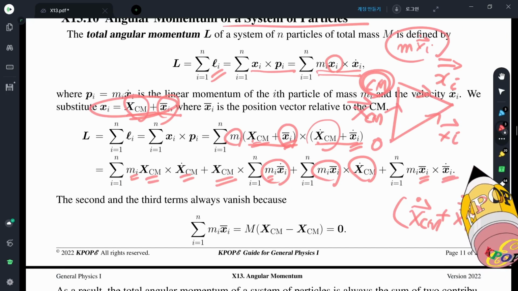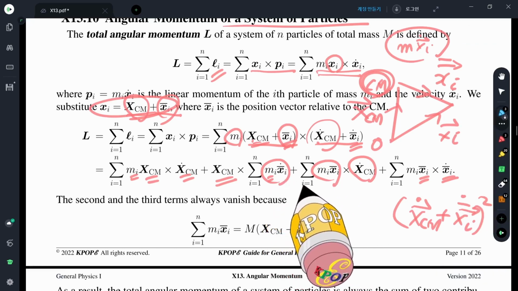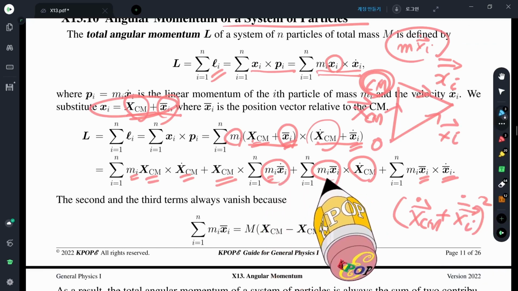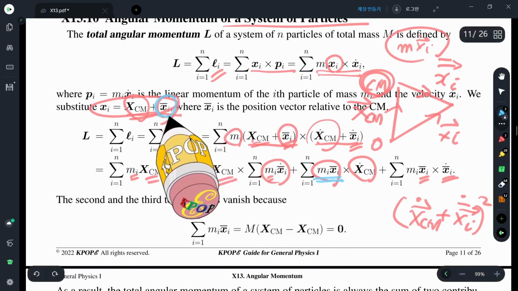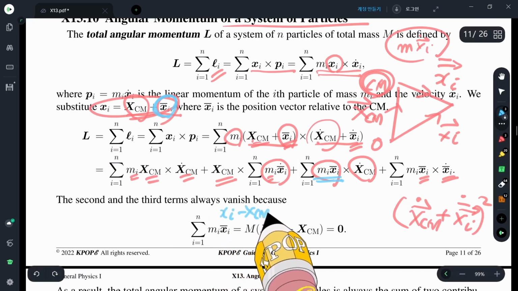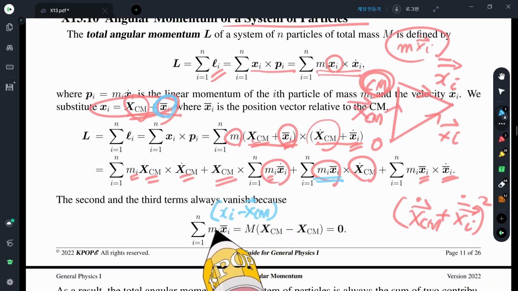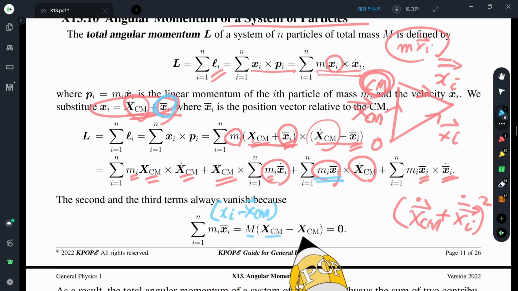In here, we consider this contribution. If I substitute this result, x_i subtracted by x_CM, then this summation will give mass times the center of mass. The next one is identical to that.